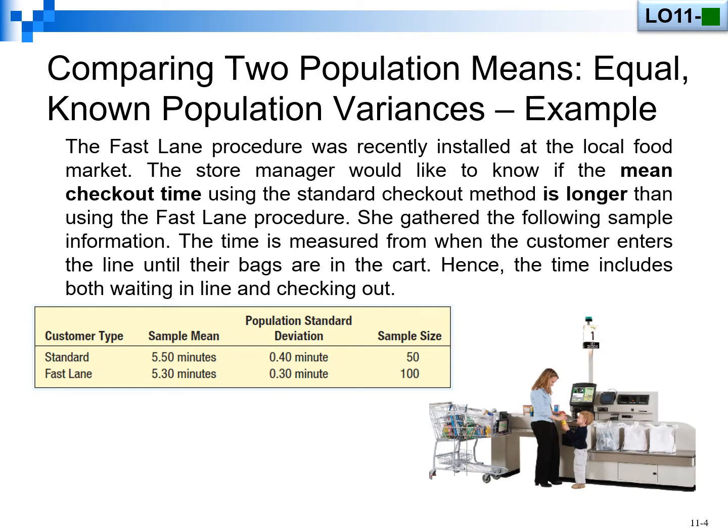So in this case, we're looking at the checkout time, and notice that the different customer types are a standard line versus a fast lane. They're trying to figure out if the average checkout time using a standard checkout is longer than the fast lane. They gathered some data, shown down below. Notice they've got sample means, they've got the sigma for each, and they've got the sample size for each.